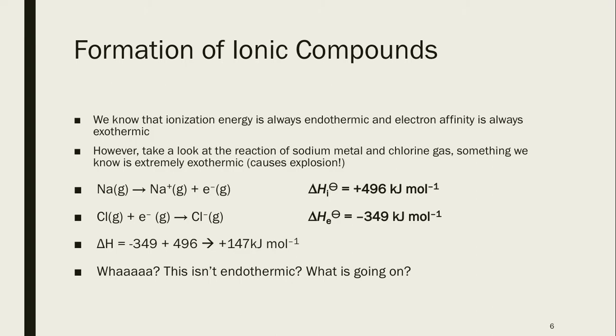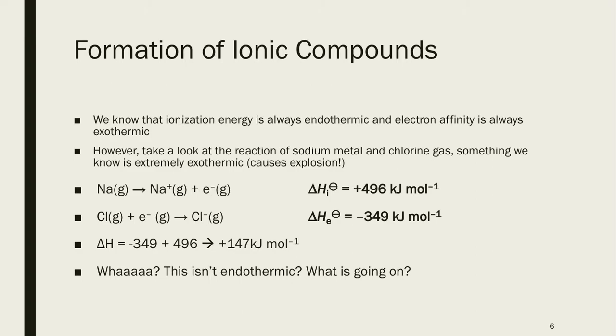So first, let's talk about how we form and make an ionic compound. Well, from before, we know that ionization energy is always endothermic and the electron affinity is always exothermic. So if, for example, we take a look at those two equations from before and put them together, so let's say we combine sodium and chlorine, we know it is a highly exothermic reaction.